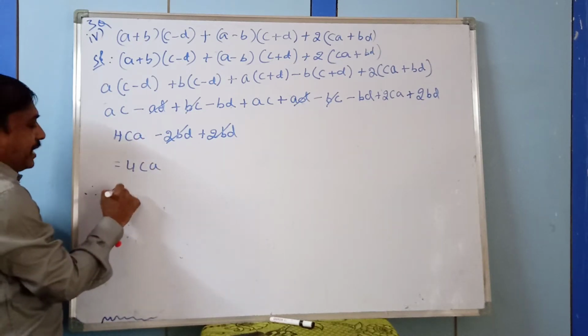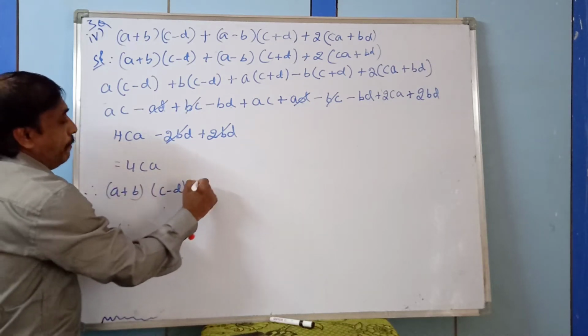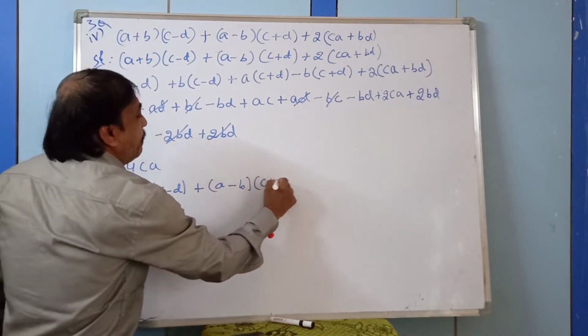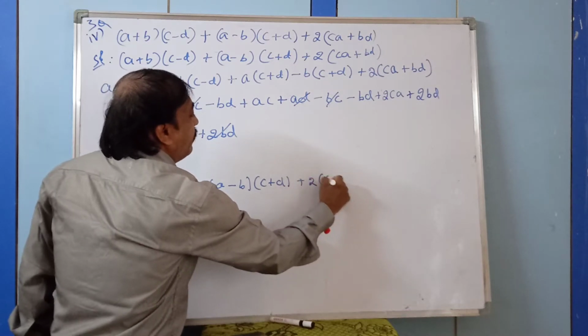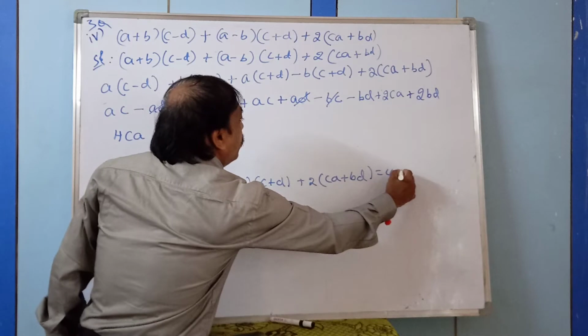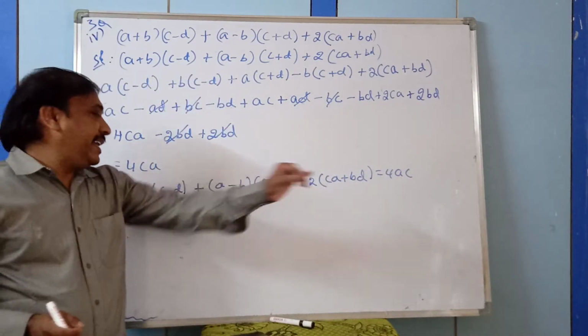Therefore (A plus B) into (C minus D) plus (A minus B) into (C plus D) plus 2 times of (CA plus BD) is equal to 4AC.